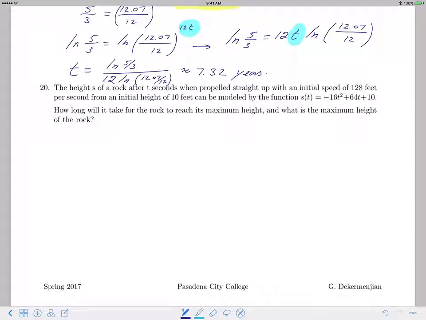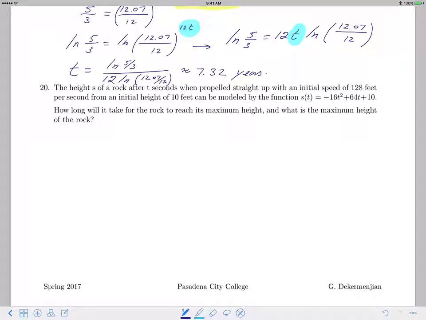Now this last question is about the height s of a rock after t seconds when it's propelled straight up with an initial speed of 128 feet per second from an initial height of 10 feet. It can be modeled by this function s of t equals a quadratic. And how long will it take for the rock to reach its maximum height? And what is the maximum height of the rock?